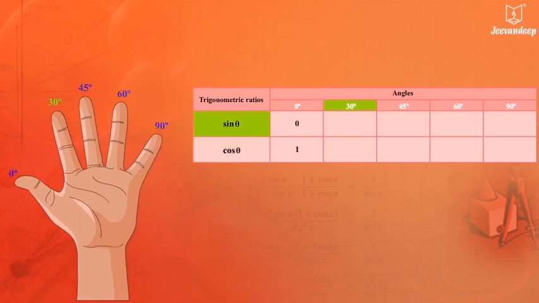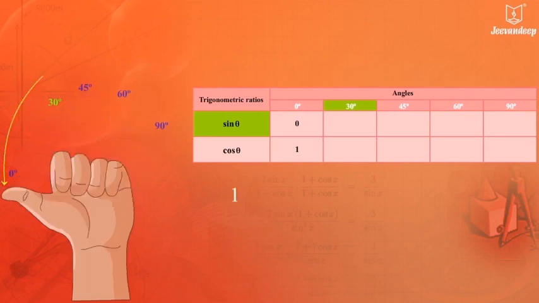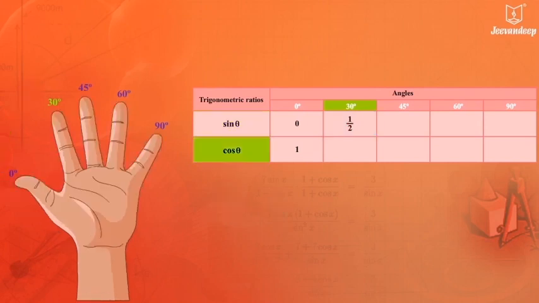For sin 30, count the number of fingers towards the left of the index finger. It's 1, that is 1 upon 4. The square root of 1 upon 4 is 1 upon 2. Hence, sin 30 is 1 upon 2.